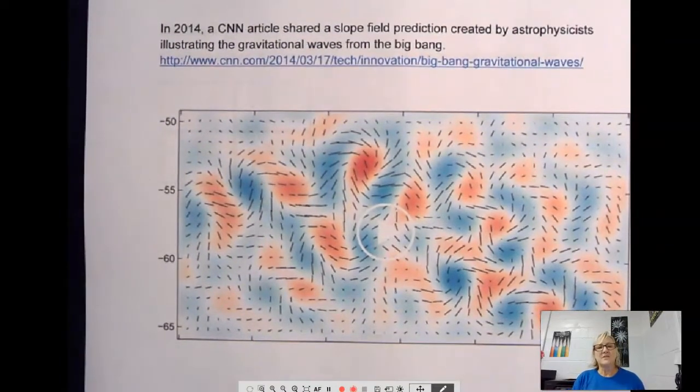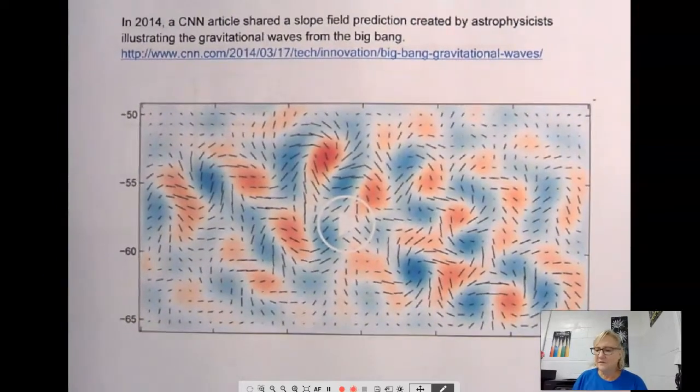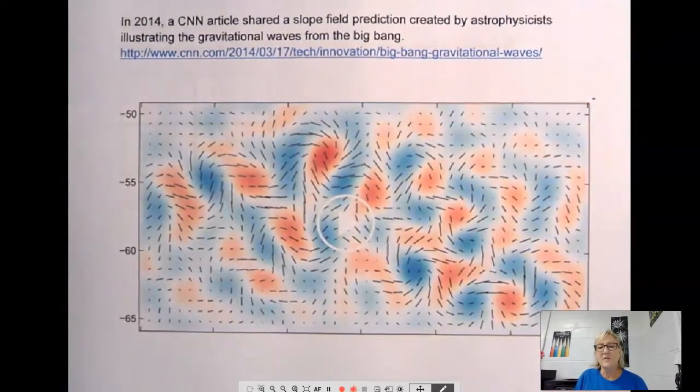Okay. So in 2014, I was very excited, and that seems like so long ago now. But I saw this article pop up online on CNN, and they had this whole article. You can see that this was actually a video that would play, but it's a slope field.